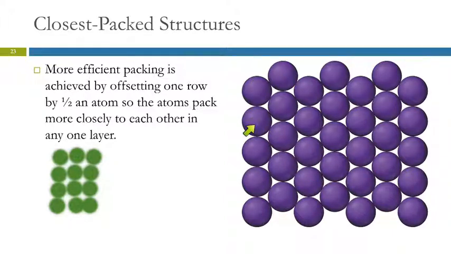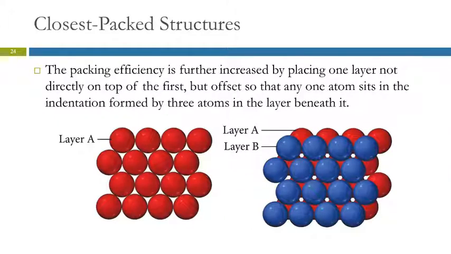We've got a row that's moved over half of an atom, and so they'll get closer together in any one layer. Then we have to look at how we put the layers together. So here's layer A, and we can put layer B on top of it and move it over half this way and down half this way, so that this is sitting in this little hole formed by these 3 atoms.